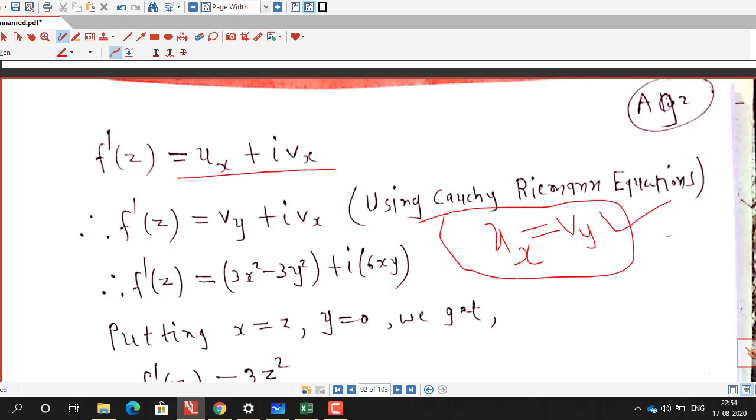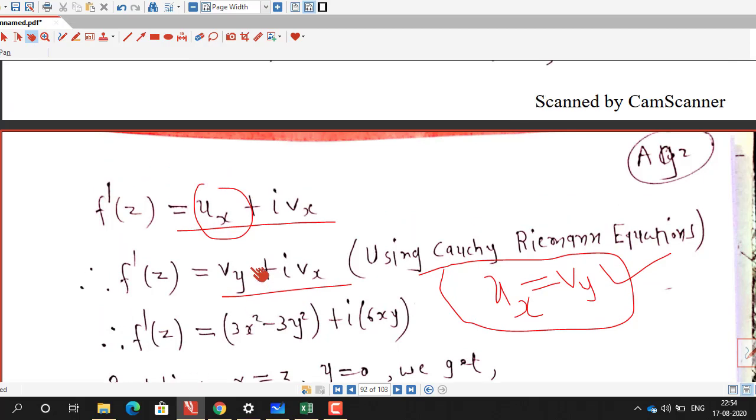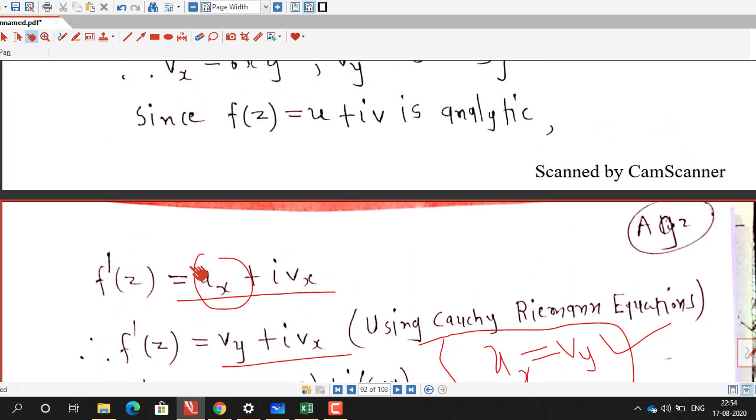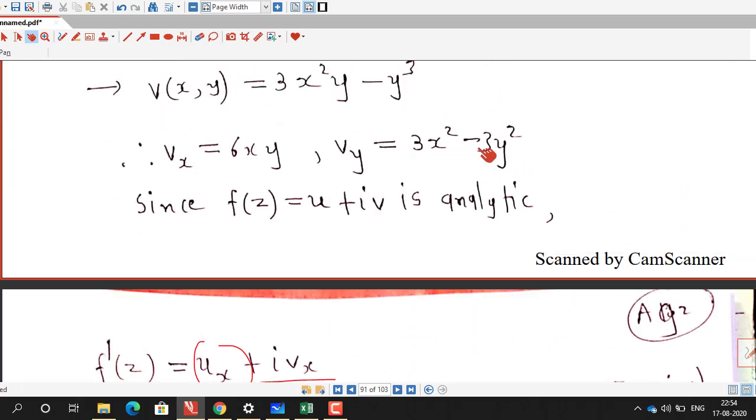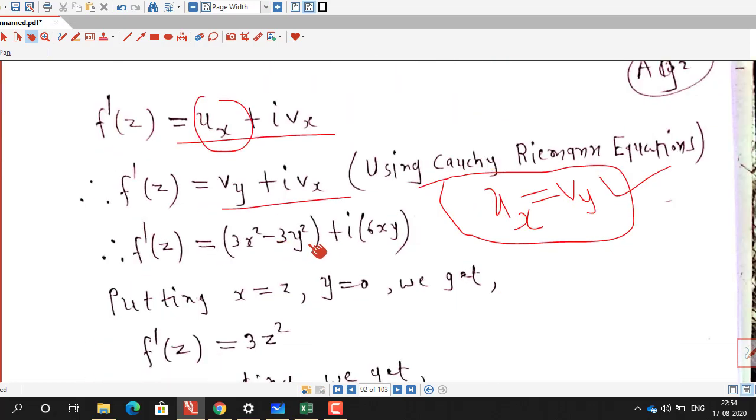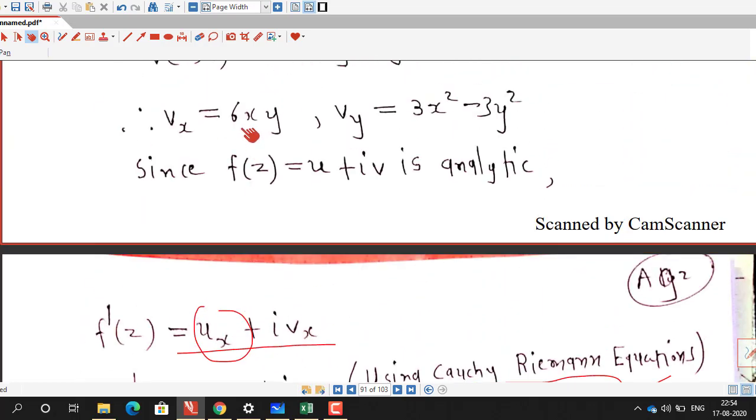We are using this Cauchy Riemann equation and we replace del u by del x by del v by del y. Then we substitute the values of del v by del y and del v by del x. Del v by del y is 3x square minus 3y square and del v by del x is 6xy.